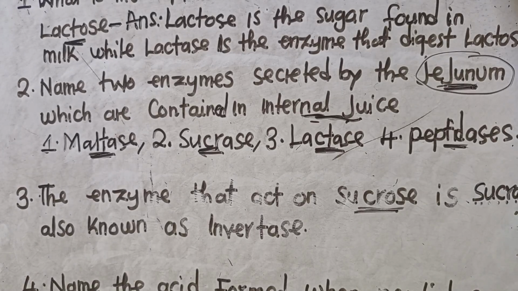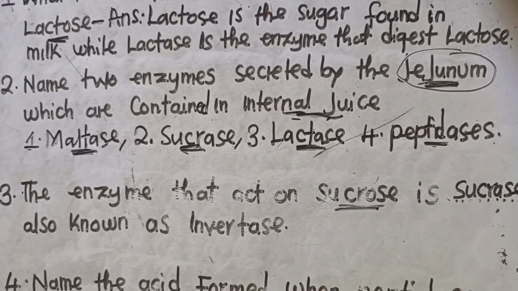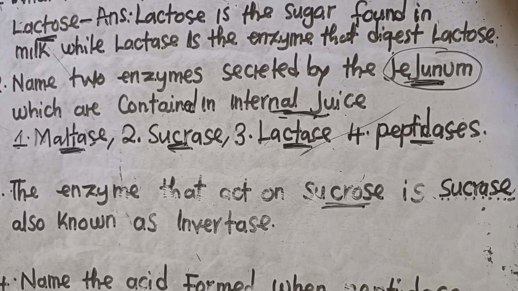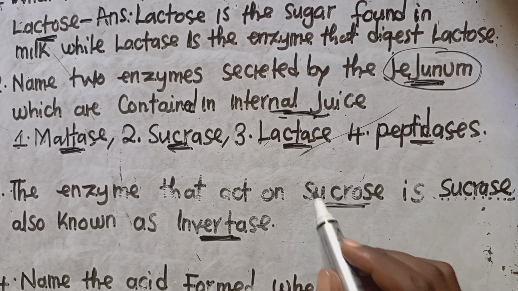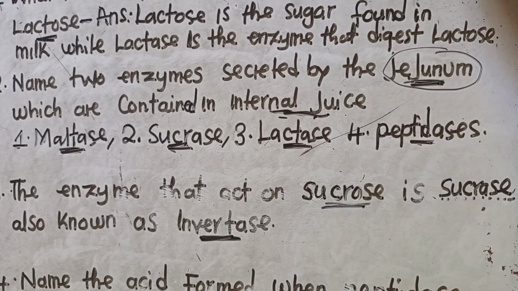Have you seen? That is a particular enzyme you are supposed to know. It is also known as invertase. So this is an enzyme that acts on sucrose. Then we move to the last question.